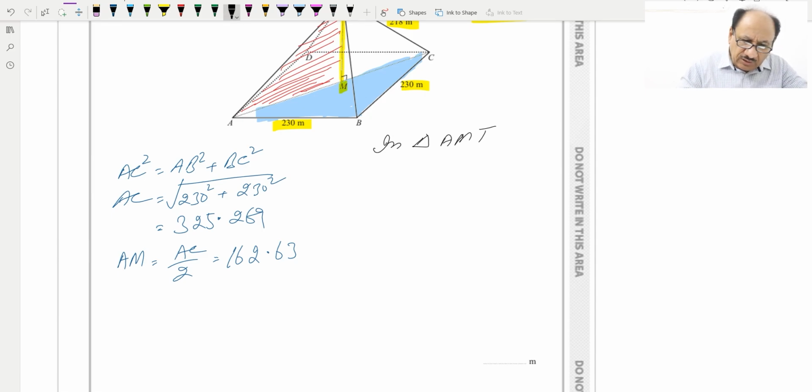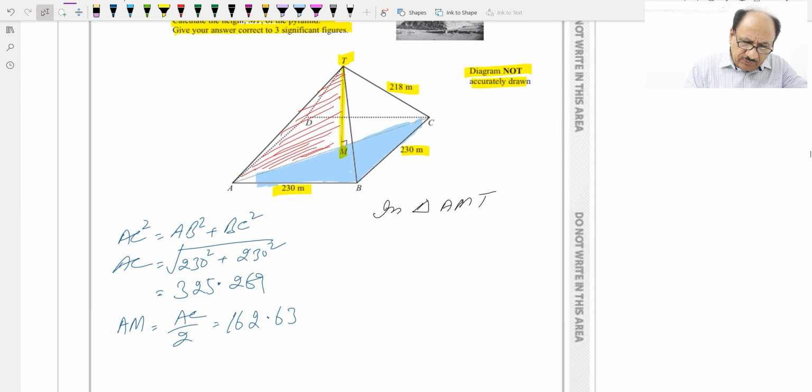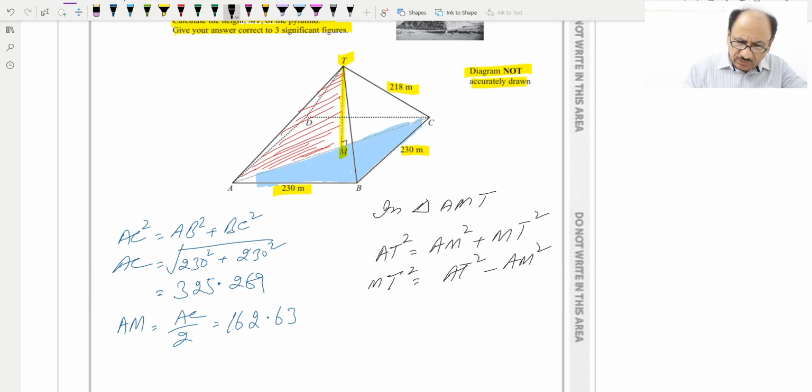Now we can write in triangle AMT, by Pythagoras theorem, AT square is equal to AM square plus MT square. So MT we need to find. So MT square will be equal to AT square minus AM square, and MT is the square root of AT square minus AM square.